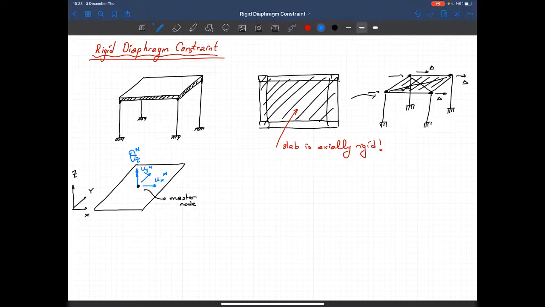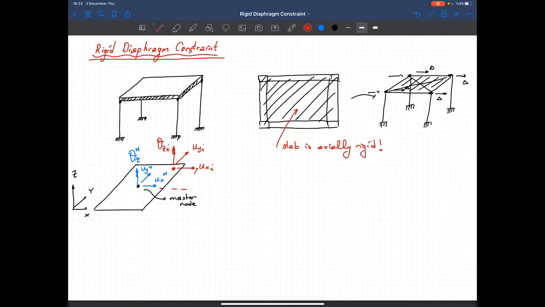So let's take a simple node somewhere here. Let's take this node, and this node will have the following degrees of freedom: uxi, uyi, and it also has this rotation zi. And the distance of this node to the master node is as follows.